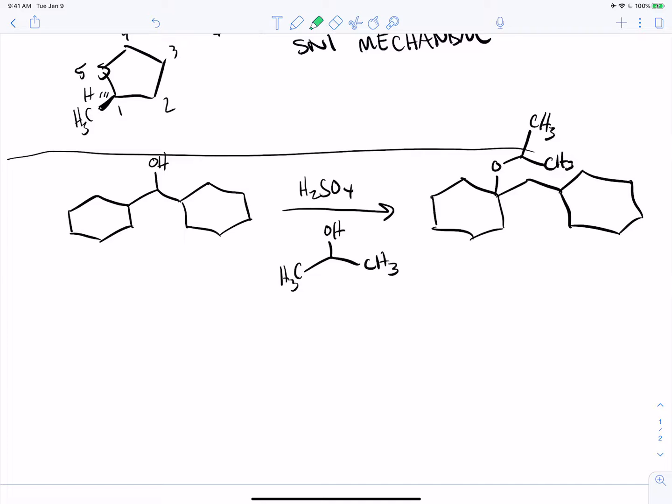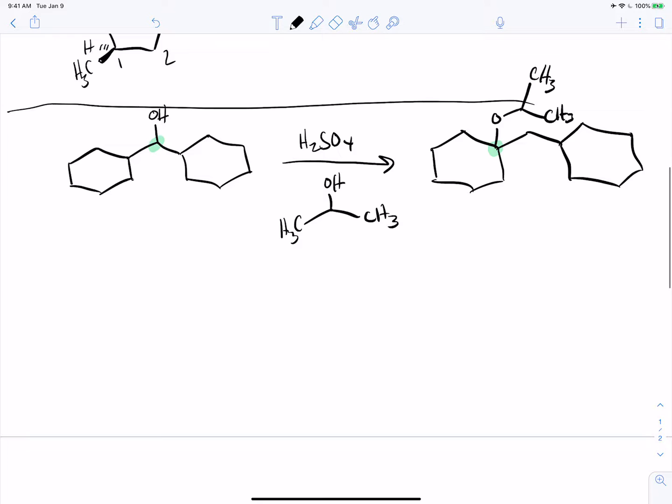The weird thing to me is that, that's the carbon you would expect substitution to go on, but in fact, it's on this carbon, which implies that there's some sort of rearrangement, and somehow that rearrangement allows the ring to stay intact. Let's take a look at this then.